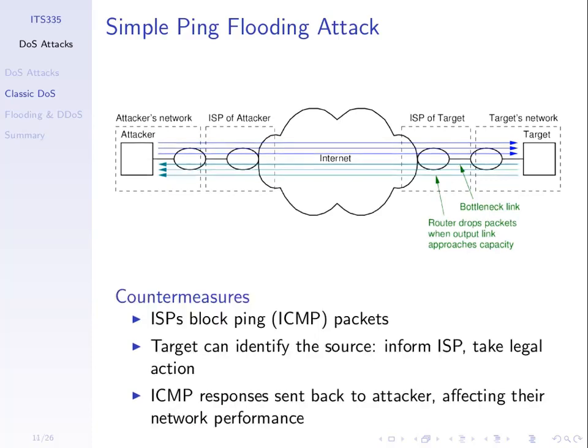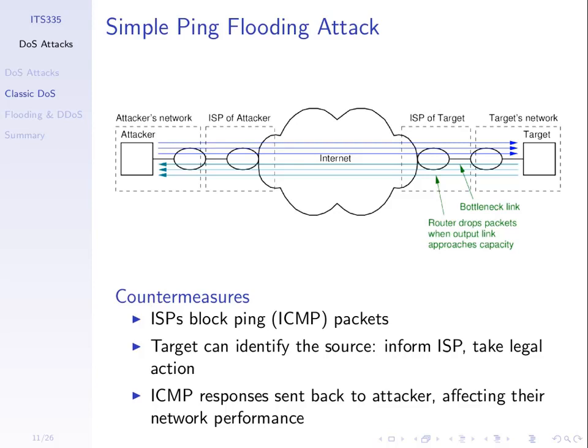How do we stop that? What are the countermeasures we have available? We could get the internet service providers to block ping packets. Don't let them be sent through our network. Well, that's a possibility, and some organisations may do that, but it's a bit of a problem because ping packets have a legitimate usage. They are used for testing connectivity, for measuring delay.